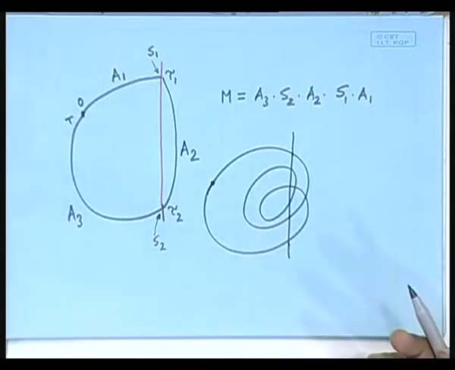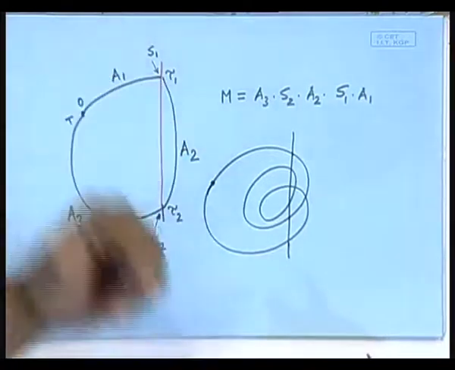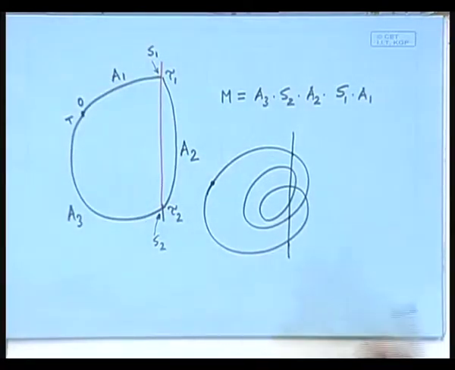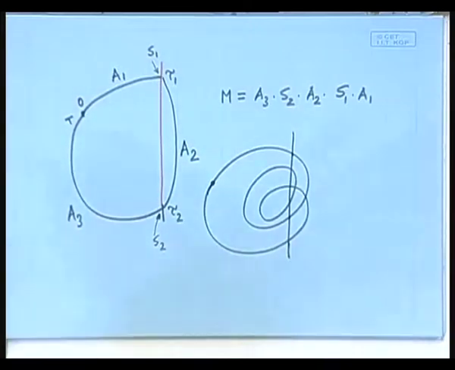That is how you obtain the monodromy matrix, and the eigenvalues of the monodromy matrix will be the Floquet multipliers. That is all. And if the Floquet multipliers are inside the unit circle, you have a stable periodic orbit. If they are outside the unit circle, you have an unstable periodic orbit.